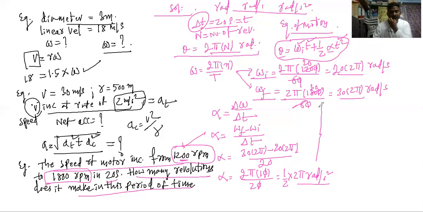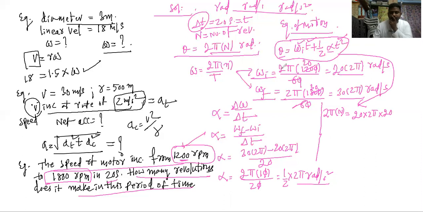Okay, now substitute in this formula all the things. Theta, 2 pi into n, which is equal to omega I, 20 into 2 pi, into t.